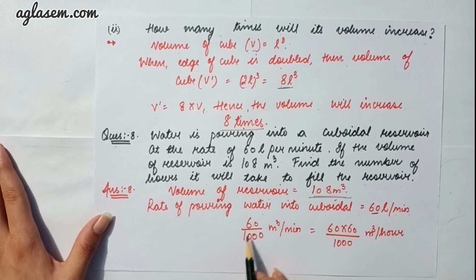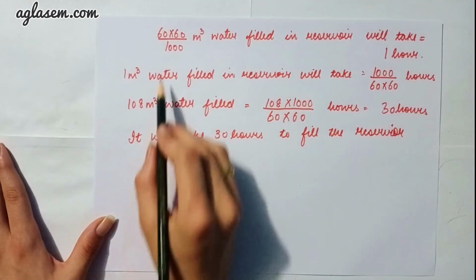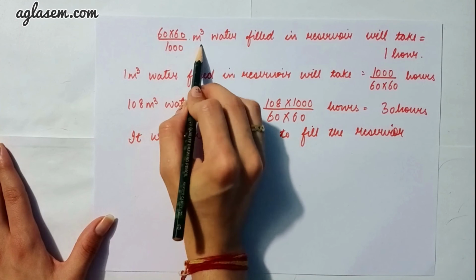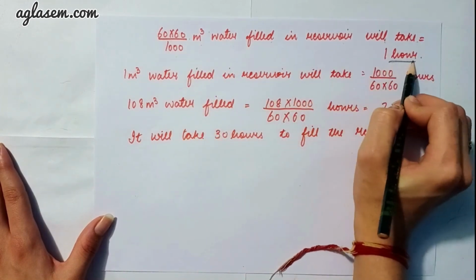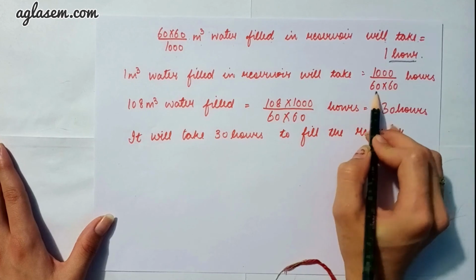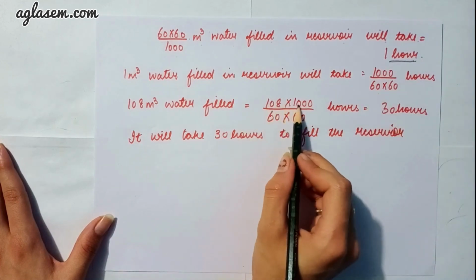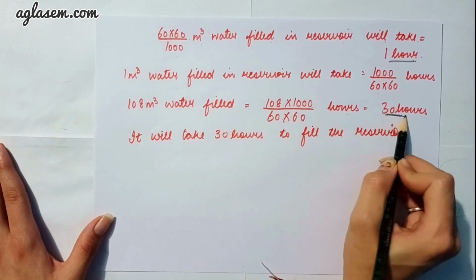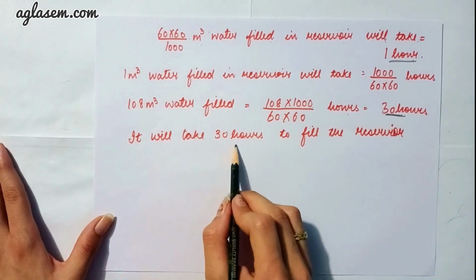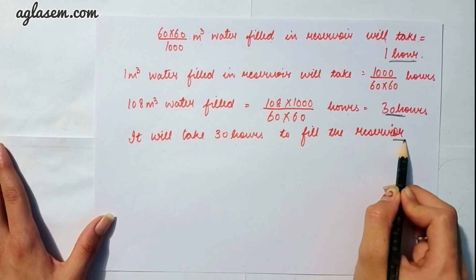So 60 upon 1000 meter cube per minute, which will equal 60 into 60 divided by 1000 meter cube of water filled in the reservoir in 1 hour. Similarly, we have to do 108 into 1000 upon 60 into 60 hours, which will take 30 hours. So it will take 30 hours to fill the reservoir.